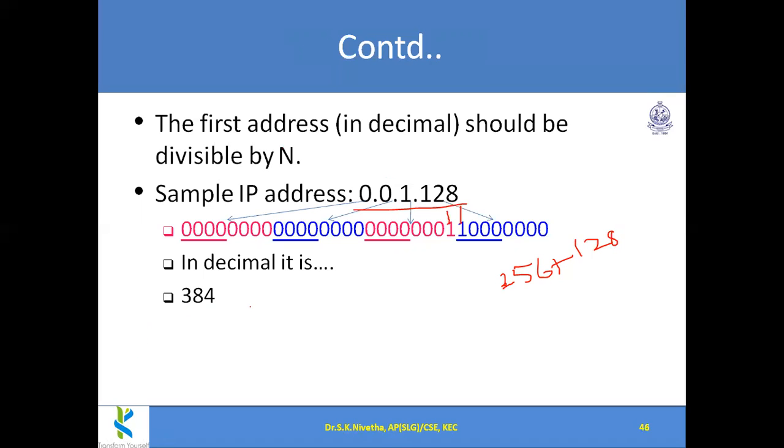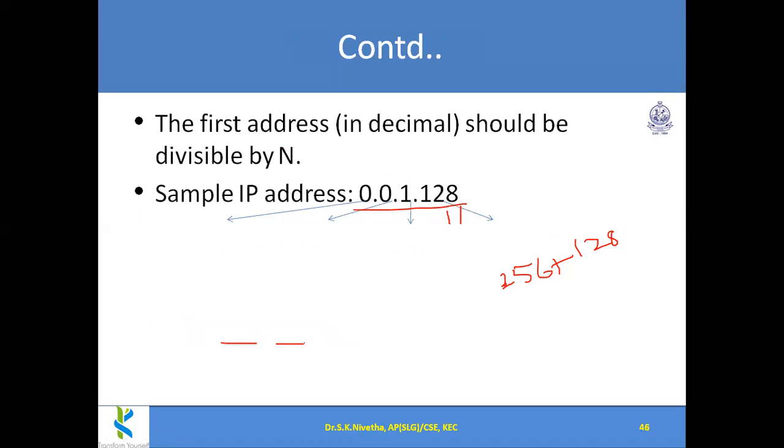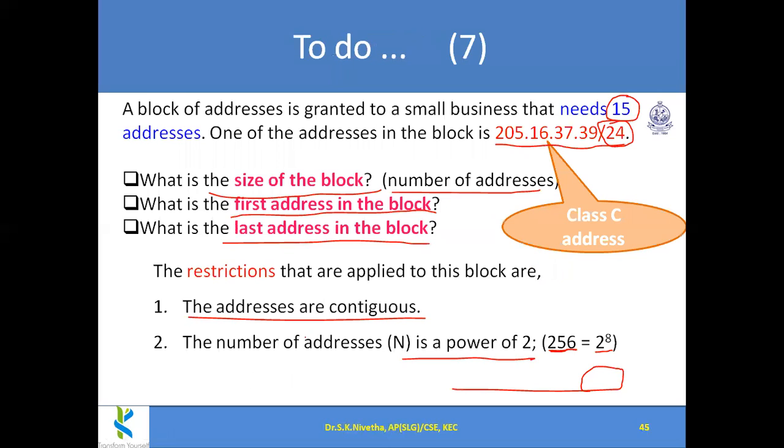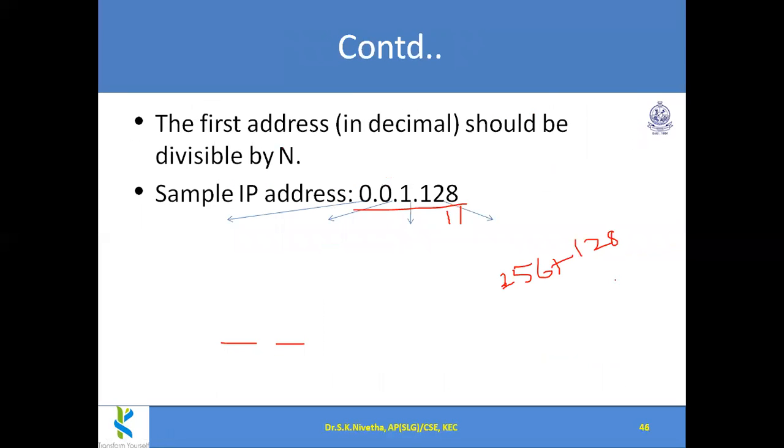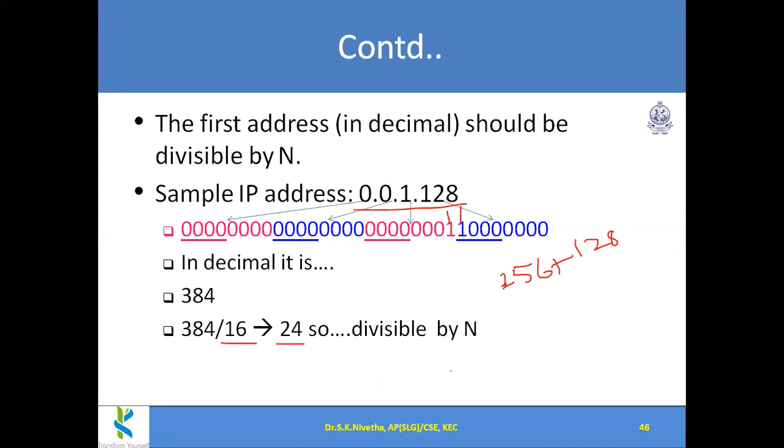So 384 should be divisible by the number of addresses. We could see they want 15 addresses. The closest power of 2 is 16. So it should be divisible by that number. So we can say 384/16 is divisible by n, and we can allocate a block like that. Okay.